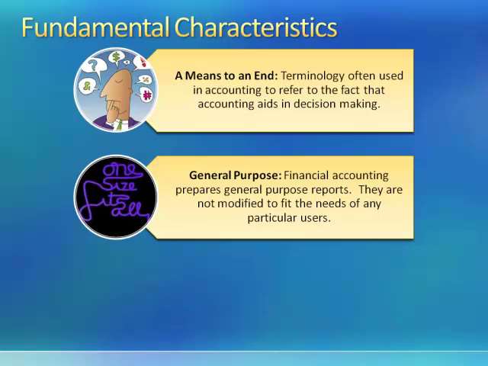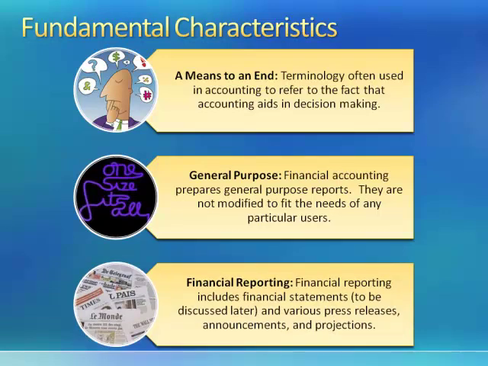They are not modified to fit the needs of any particular users. Third, financial reporting. Financial reporting includes financial statements, which we'll discuss later, and various press releases, announcements, and projections. Financial reporting is very broad. The focus of the remaining video series will be on preparation of financial statements.